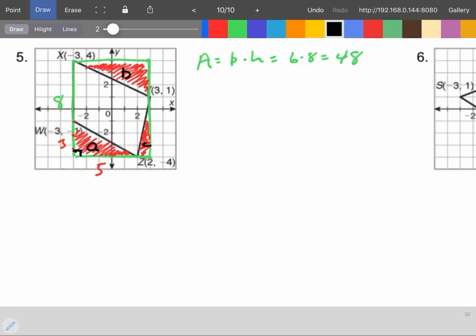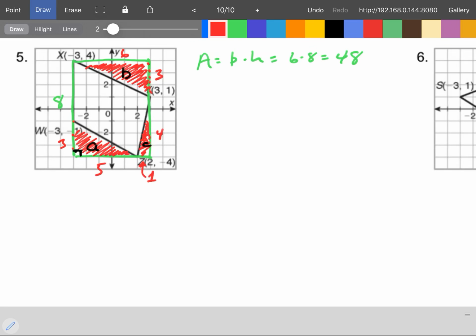And then triangle B up at the top, that's got a base of 6, and it's got a height of 3. And then the little tiny thin triangle here, the letter C, that one has a base of 4, and the height right there would just be 1.